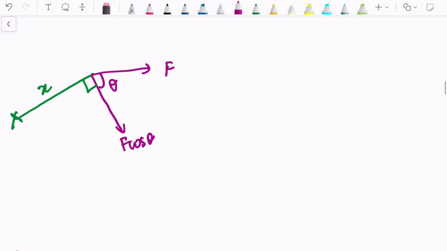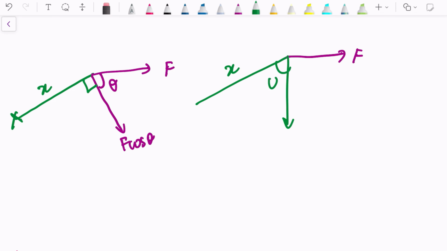Another way to look at this is, you have x here also. Your force is still the same. Still, it's not perpendicular. So instead, what you're going to do here is take x cos theta.